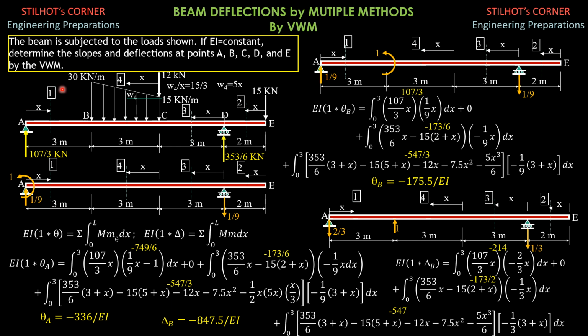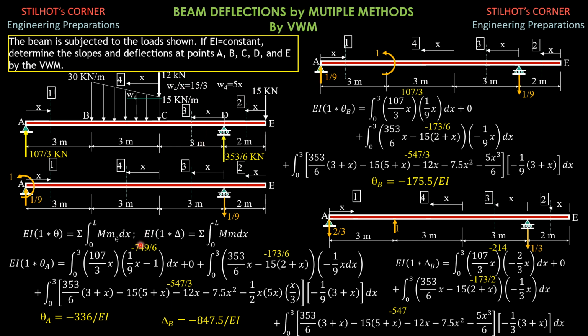So if you want clockwise always positive, then for the unit load, the clockwise moment should also be taken positive. And in the right section, also clockwise positive, then you can also do that. But I'll just prefer the proper sign convention, that is clockwise moment at the left positive, counterclockwise moment at the right positive.